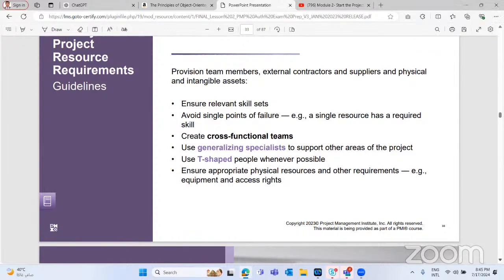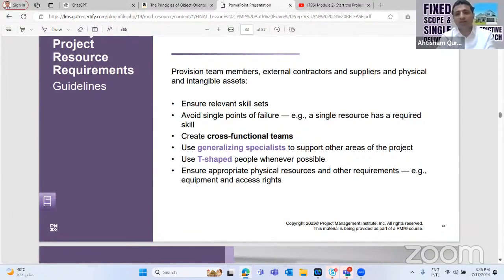Okay. So I talked about cross-functional team members, generalizing specialists, T-shaped people. Just remember, generalizing specialists mean that they are generalists, but they have willingness to learn vertical, any vertical.